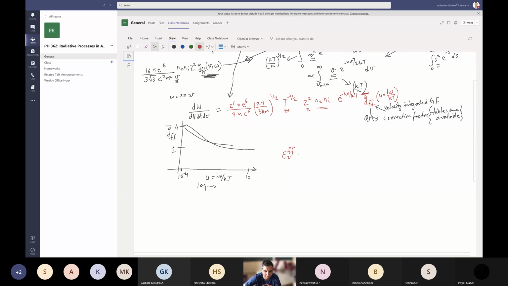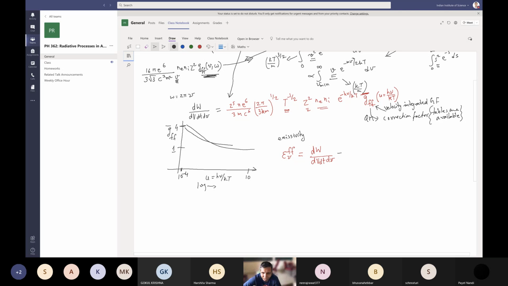Okay, so using this we can write epsilon nu ff, which is nothing but dW dV dt d nu. This is the volume emissivity: how much energy is radiated per unit volume, per unit time, per unit frequency, integrated over all solid angles, assuming an isotropic distribution of electron velocities.